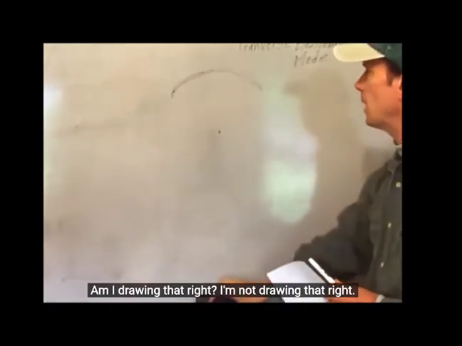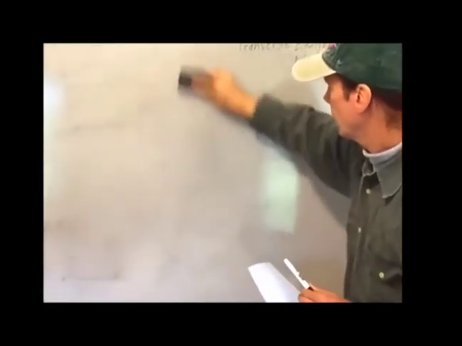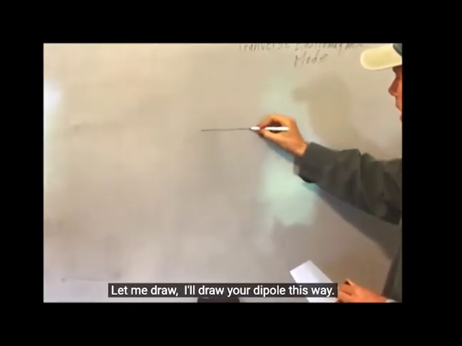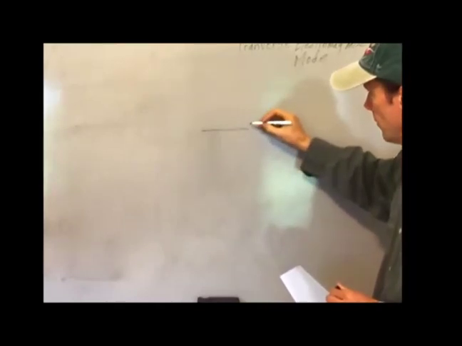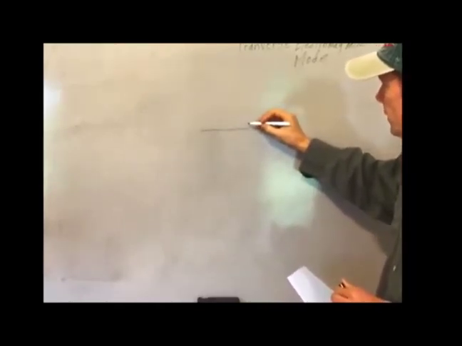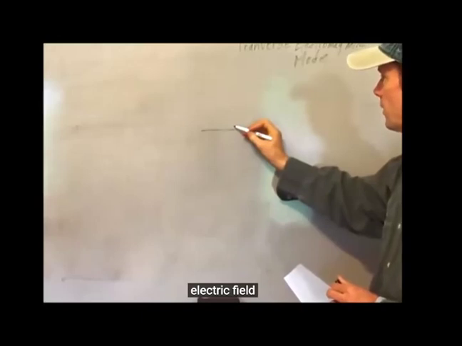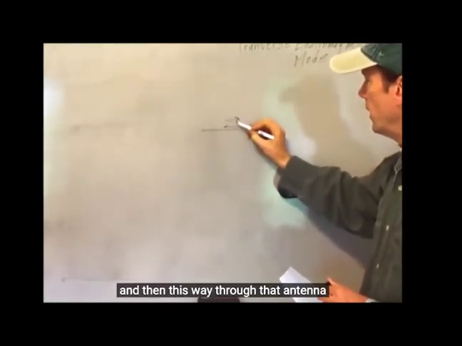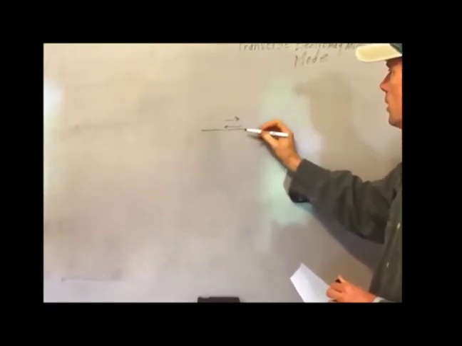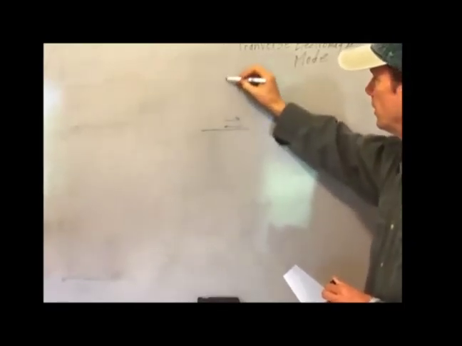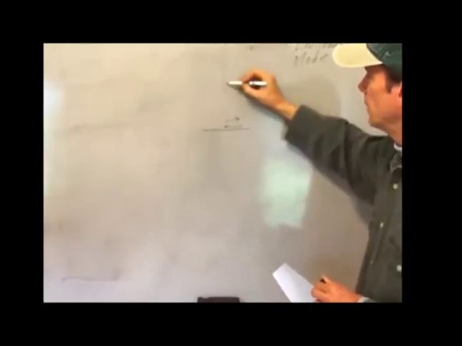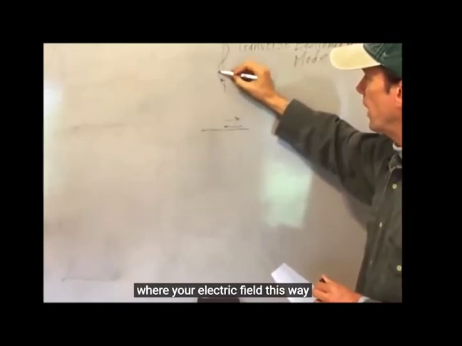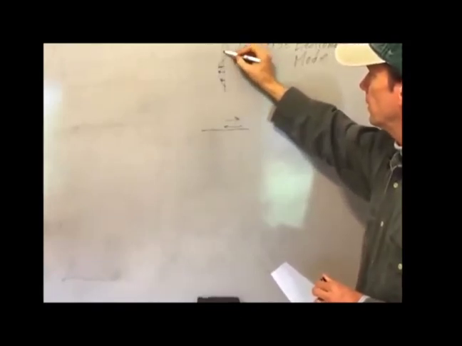Am I drawing that right? I'm not drawing that right. Let me draw your dipole this way. If you have your electric field going this way and then this way through that antenna, it's going to radiate out a signal where your electric field is going this way.